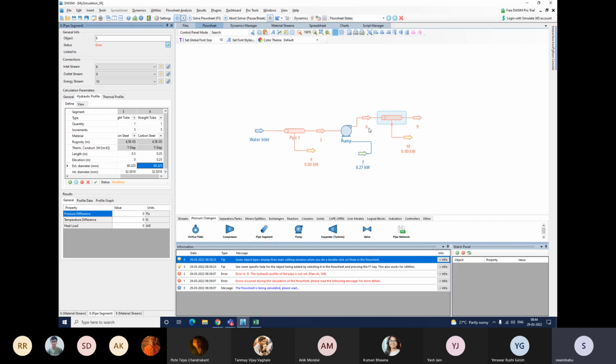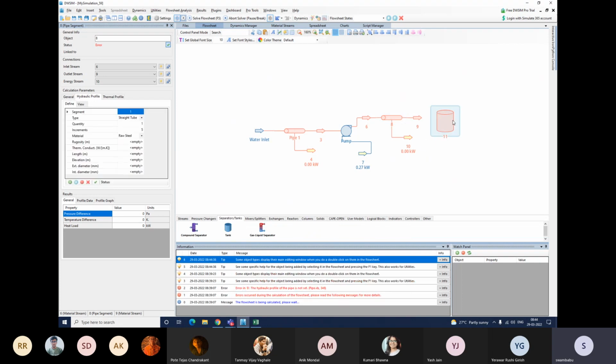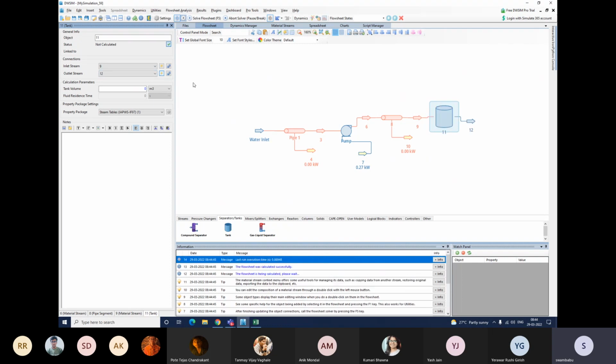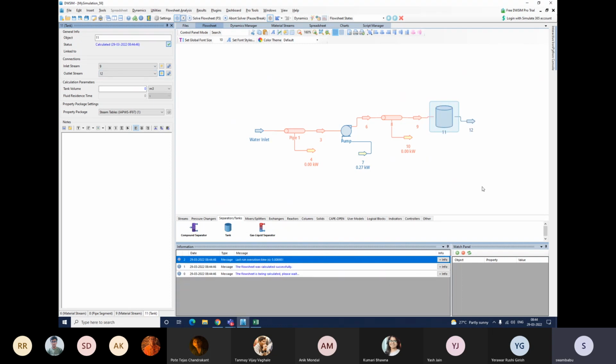Now the water from this inlet is going to this tank. So we have the tank here. The tank has one inlet stream, which is stream number 9, and one outlet stream which is going out. Now we need to specify the tank volume.